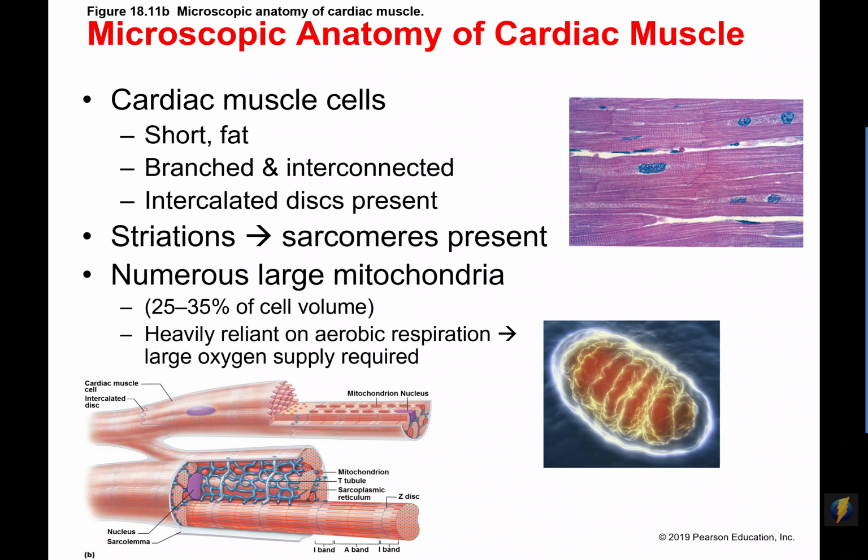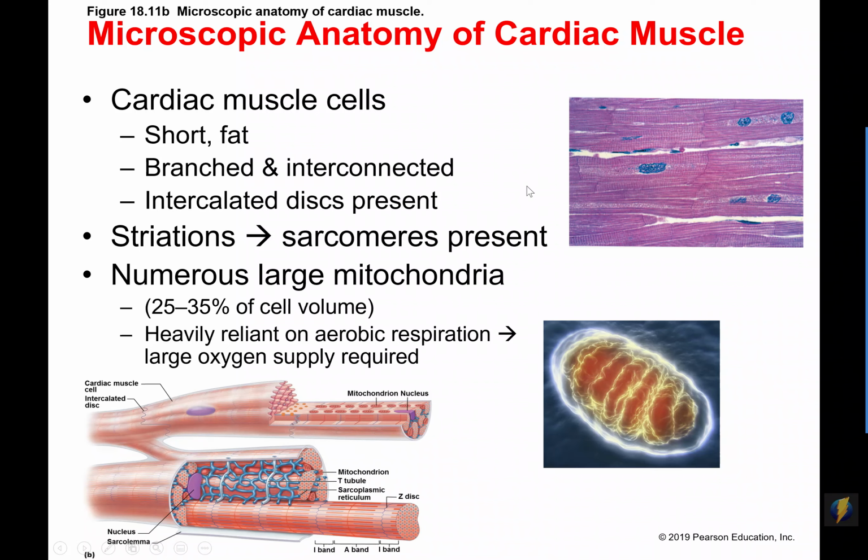So cardiac muscle has a ton of very large mitochondria, and in fact, up to about 1/3 of the volume of a cardiac muscle cell might just be nothing but mitochondria. Cardiac muscle is very, very heavily reliant on aerobic respiration. So it really does need a continuous blood flow and a continuous oxygen supply being delivered to these mitochondria in order to make ATP, in order for the heart to keep pumping and to keep beating constantly.